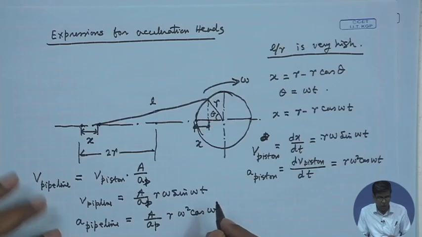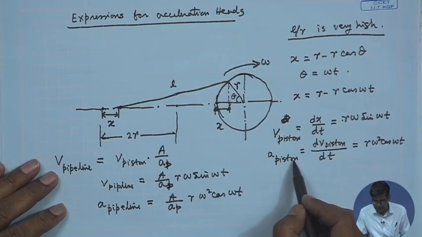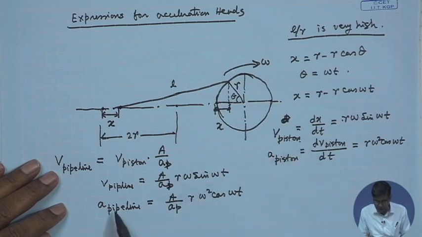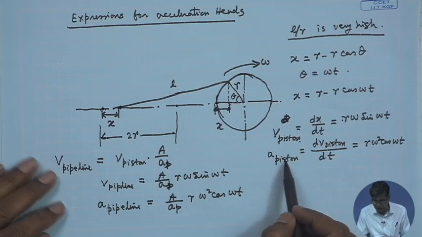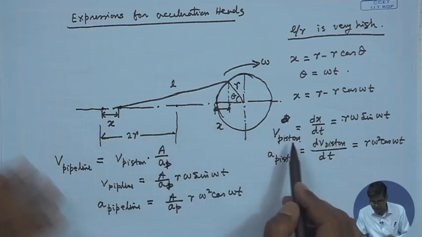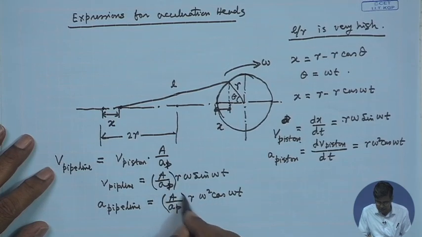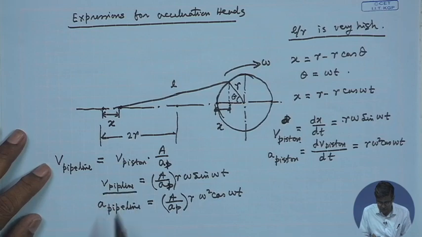As I told earlier, the velocity and acceleration of the liquid in the cylinder and in the pipeline vary just by this area ratio because of the continuity. So, this is the velocity in the pipeline, this is the acceleration in the pipeline.